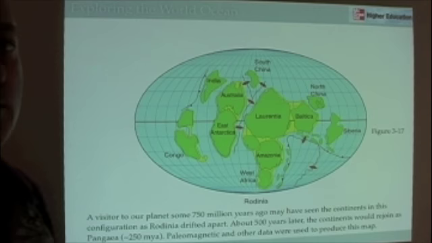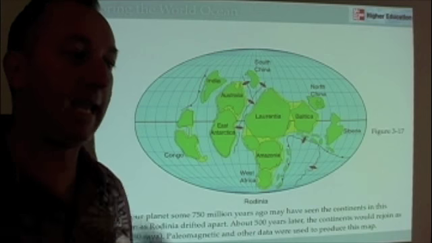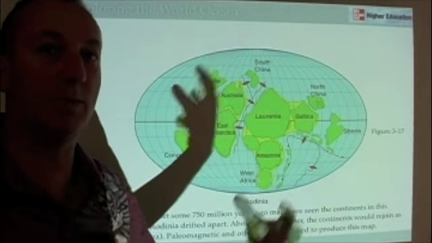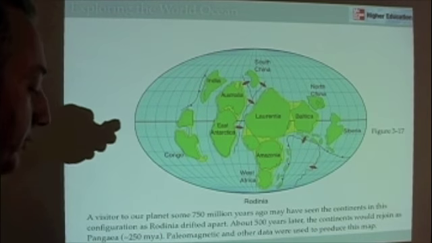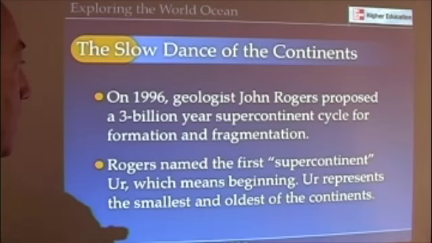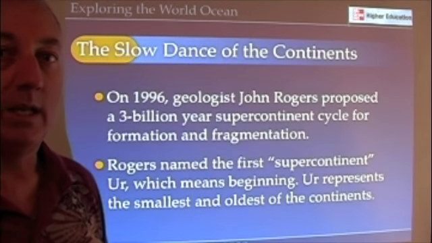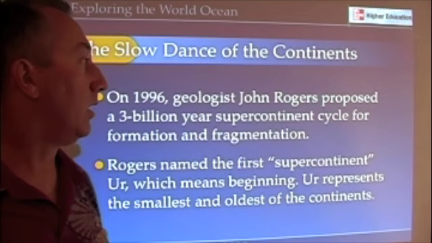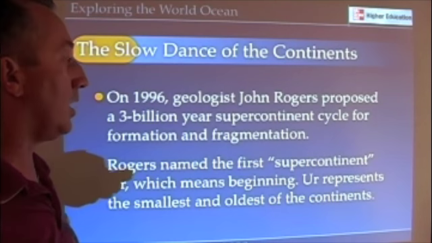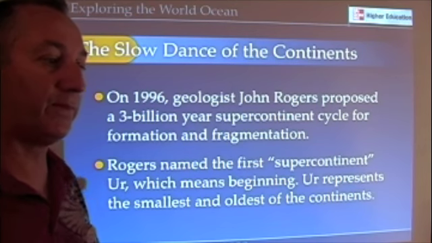Much different. It's as if you took the modern Earth as if it were an egg and just threw it on the ground and it kind of splatted apart. The supercontinent of Rodinia.